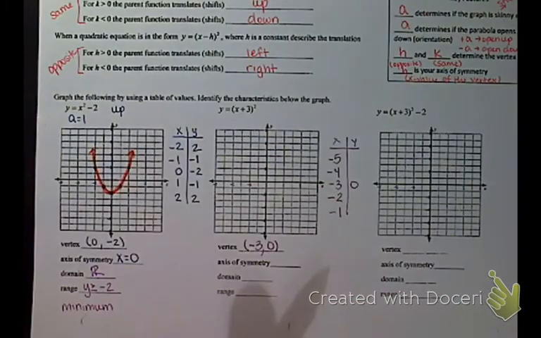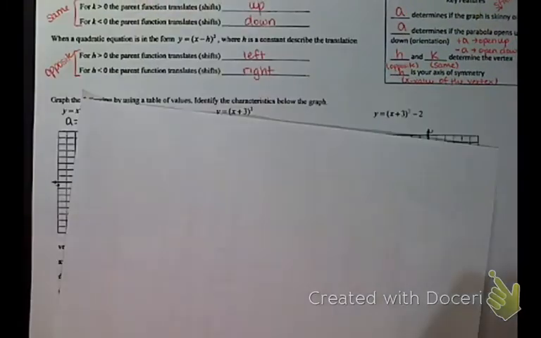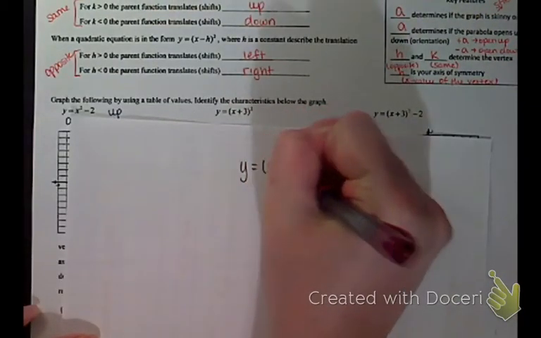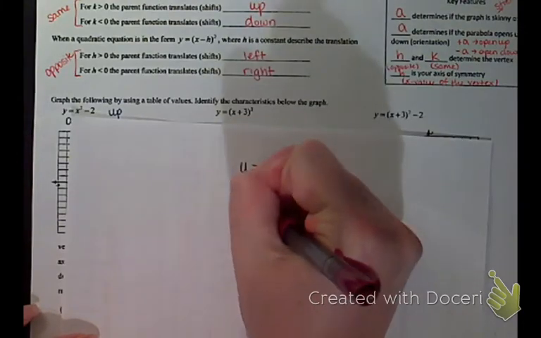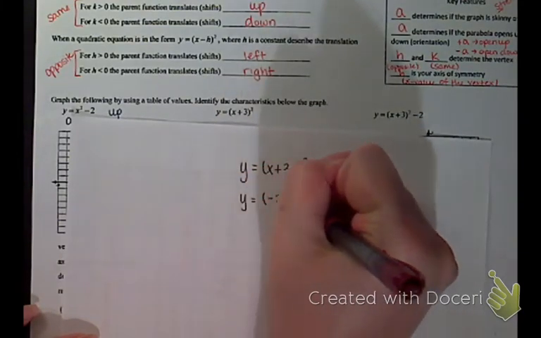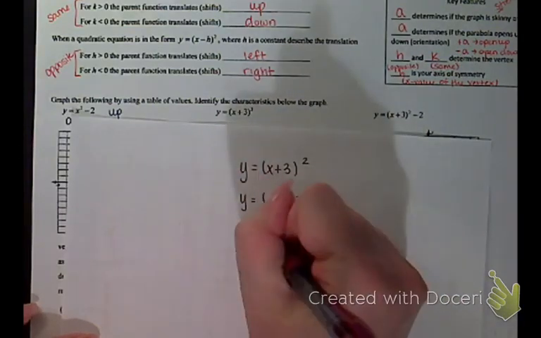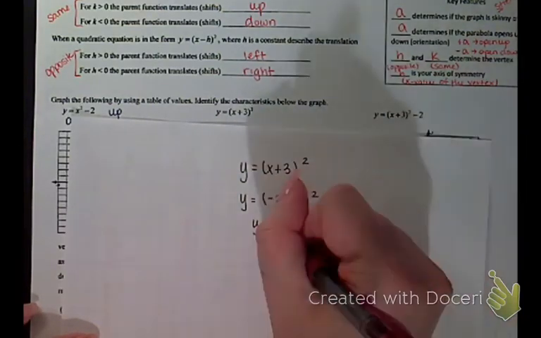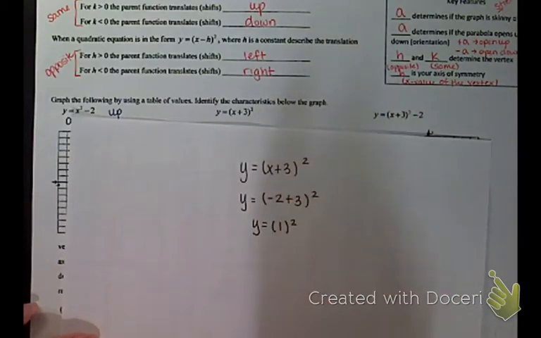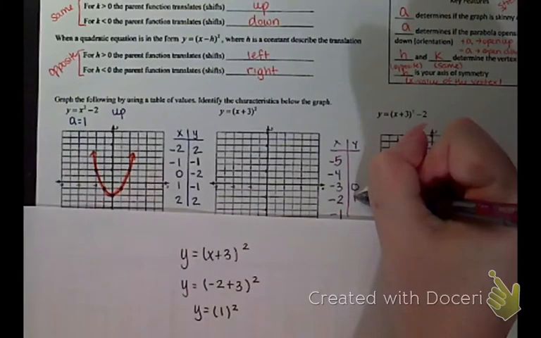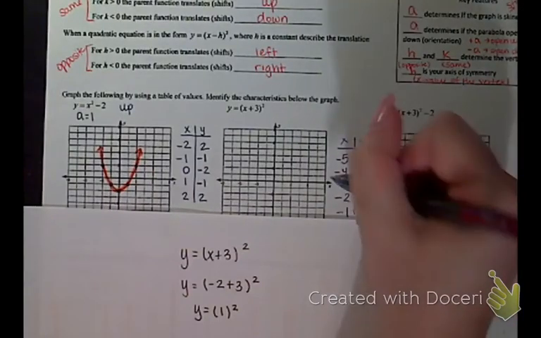Okay? And we're going to plug those values in. So let's plug in negative 2. So I have y equals x plus 3 squared, and I'm going to plug in negative 2. So negative 2 plus 3 is 1. And 1 squared is 1. And because of symmetry and because I chose my points appropriately, this one's also going to be 1.